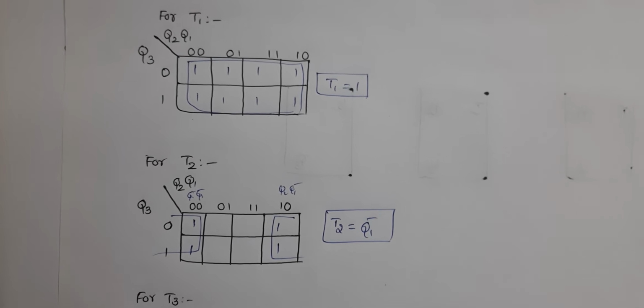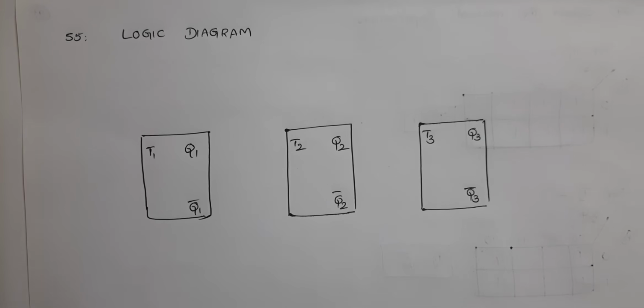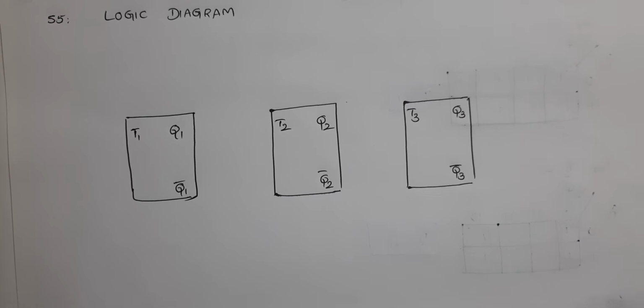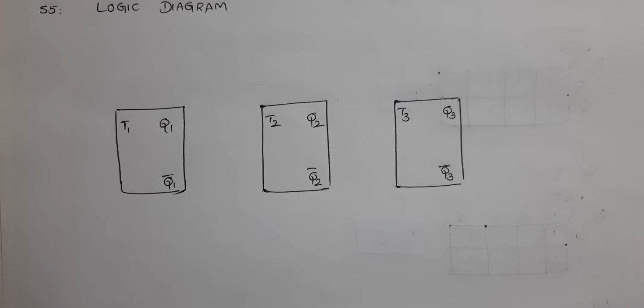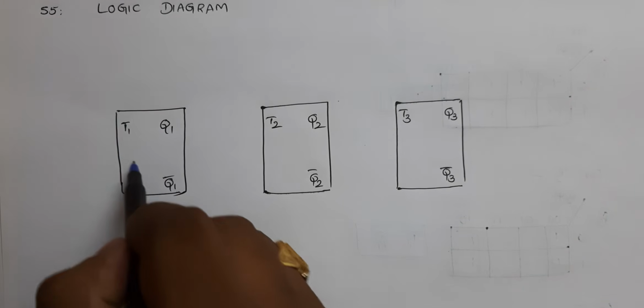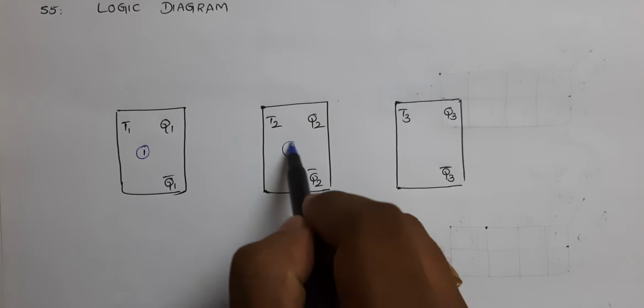This is the way of obtaining the minimal expressions for T1, T2, T3. After completion of this step, the final step is the logic diagram. In synchronous design of counters, what is the procedure? We already selected the T flip-flops, and 3 flip-flops are required.